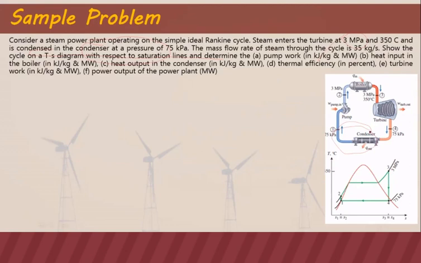If you're going to inspect again, based on the problem, steam enters the turbine at 3 megapascal and 350 degrees Celsius. So that is a superheated vapor. If you forgot that, better review Thermodynamics 1, how to determine the state of steam. So 3 megapascal and 350 degrees Celsius is a superheated vapor. That's why it's here.